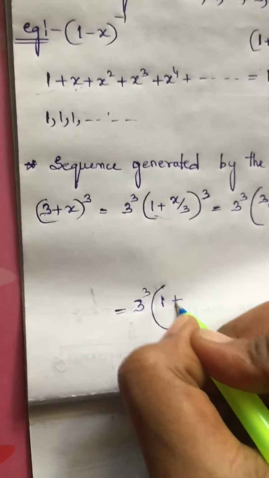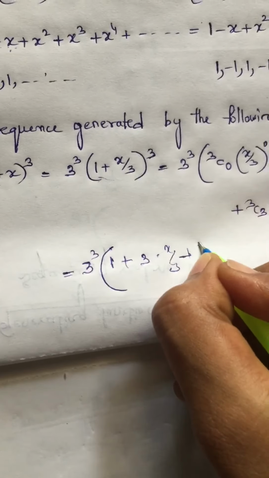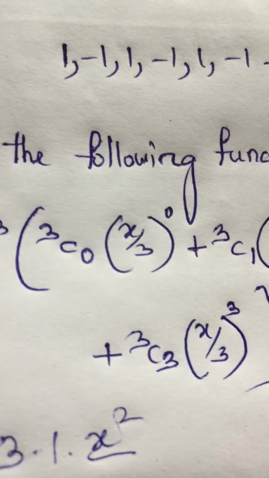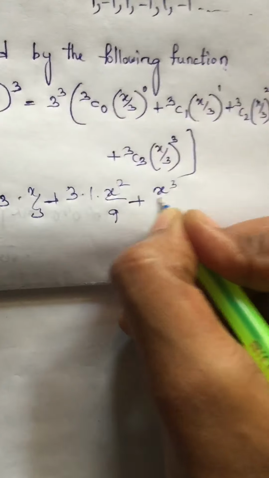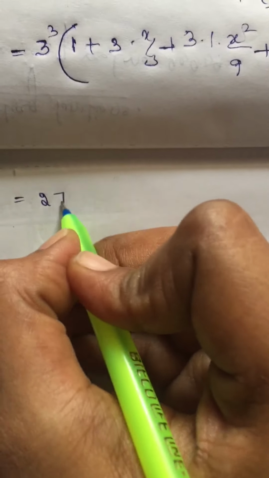Okay, next, 3 cube times 1 plus 3x by 3 plus 3 into 1 into x square by 9 plus x cube by 27. 3 cube can be written as 27.